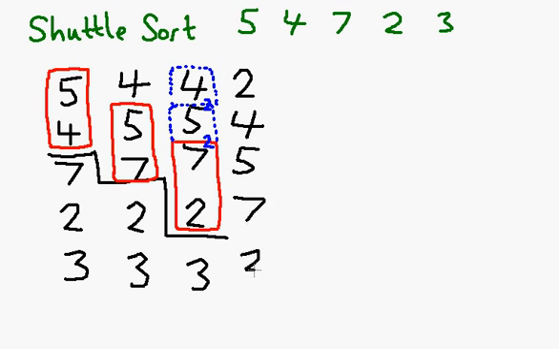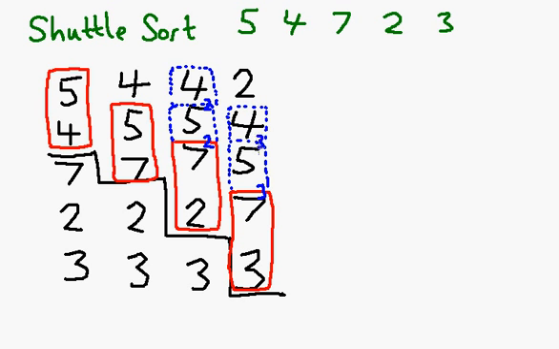So I can now include 3. Now I've made room, and I am going to be comparing 7 and 3. Now 3 will need to be swapped with 7, and shuttle sort allows me to now compare the 3 with the 5, and there's going to be a swap there, so I'm going to need to compare the 3 with the 4.